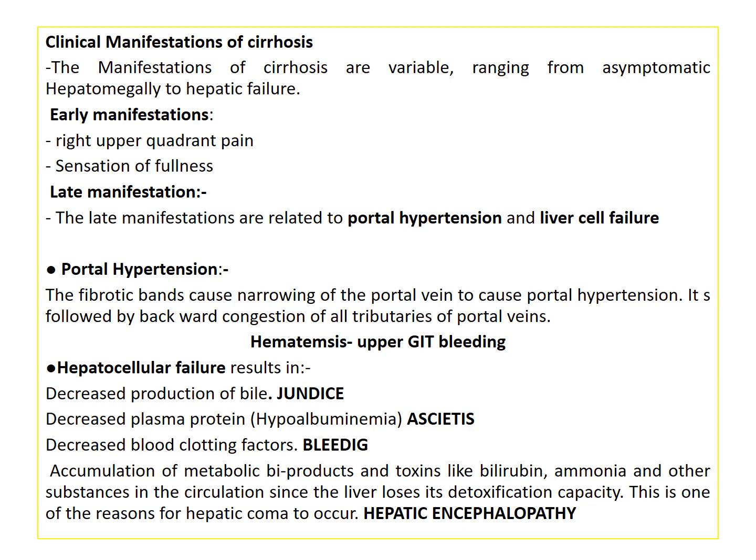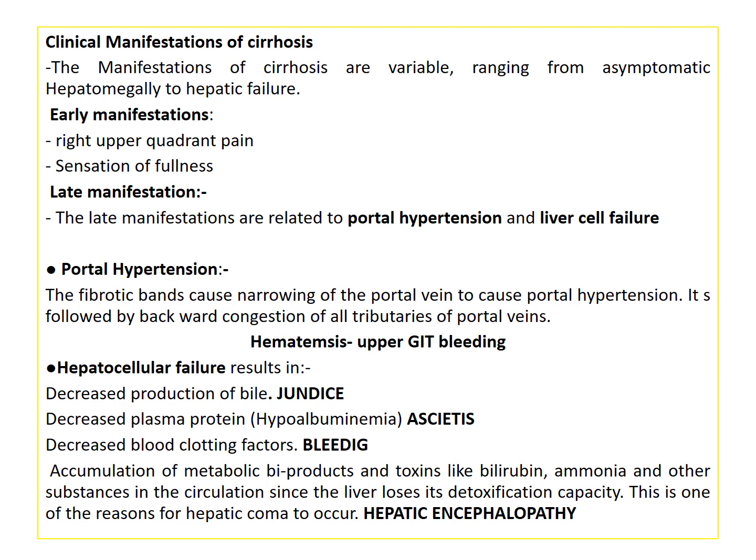The second manifestation includes hepatocellular failure. The liver loses its function, and the patient presents with jaundice due to decreased production of bile, ascites due to decreased plasma protein synthesis, and bleeding due to decreased blood clotting factors.